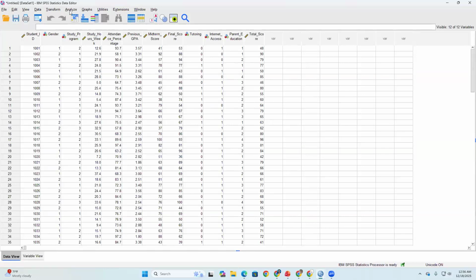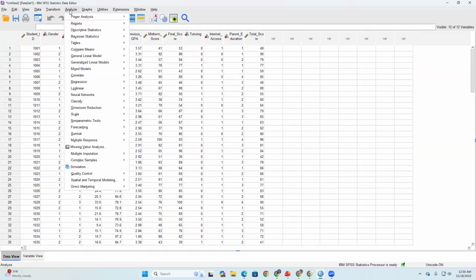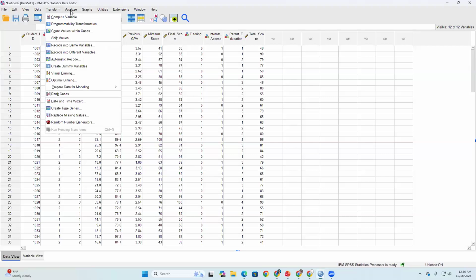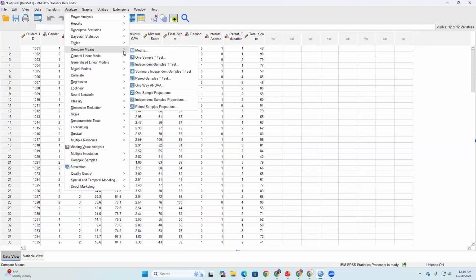Let me show you. You can go to Analyze and go to Compare Means, and you can see you have different types of statistical tests for means. That is the one-sample t-test, the independent sample t-test, the paired sample t-test, one-way ANOVA, and one sample proportions.